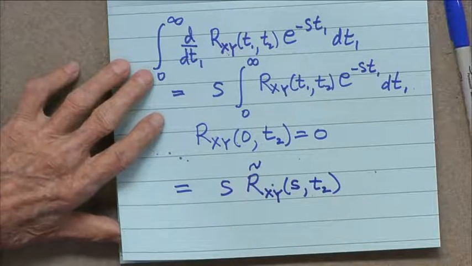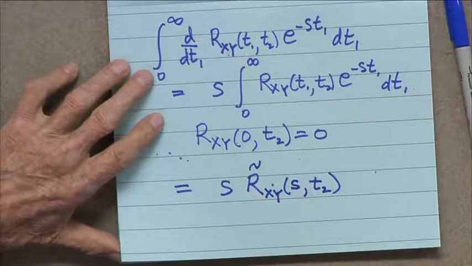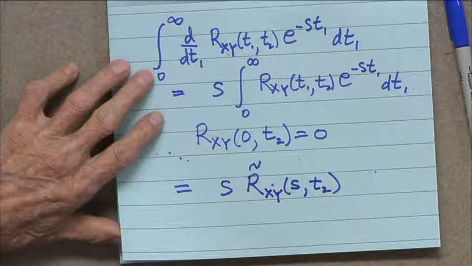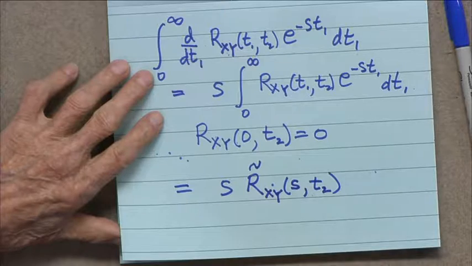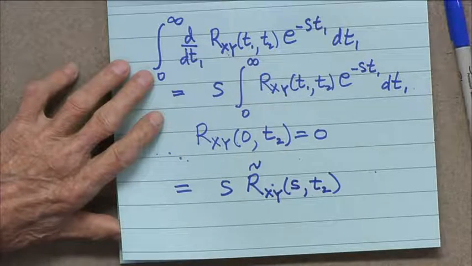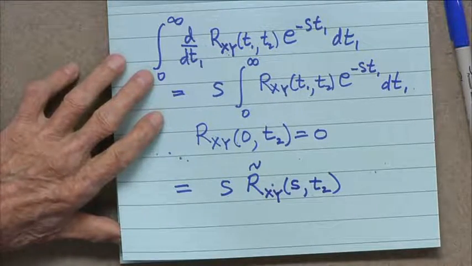Usually you write a capital F for the transform of a lowercase f of t. Capital F, the transform, lowercase f, the time function.